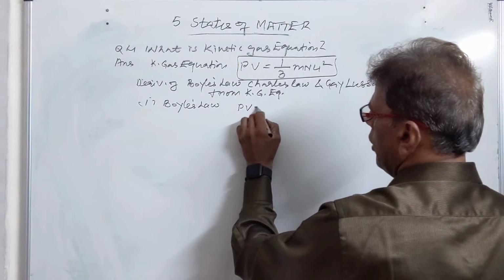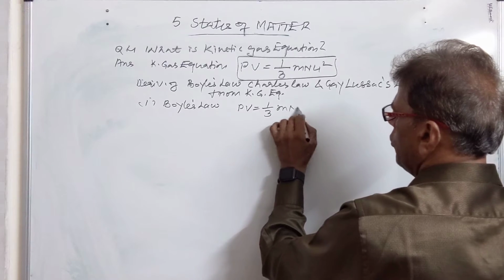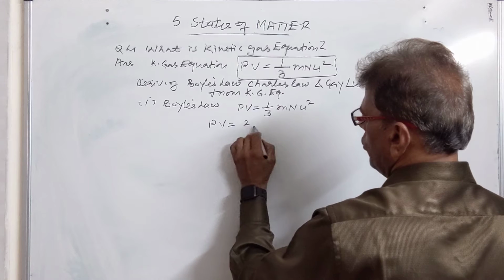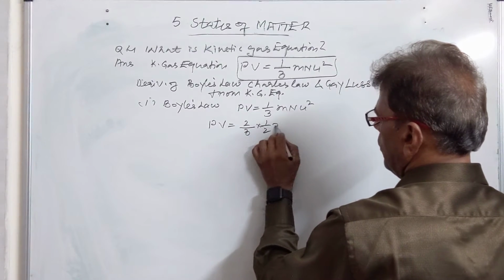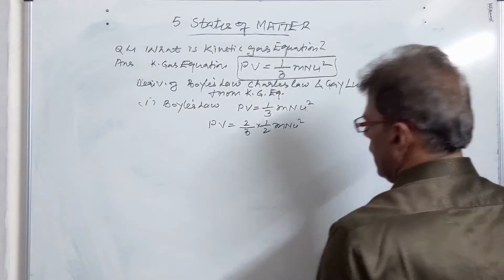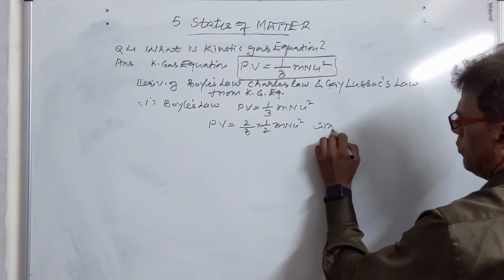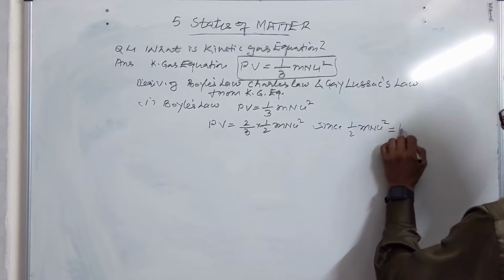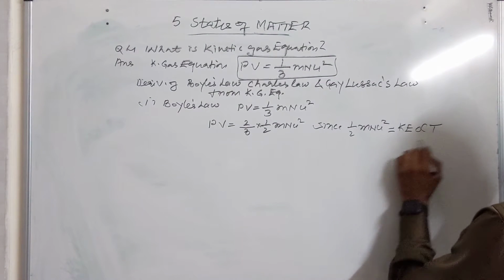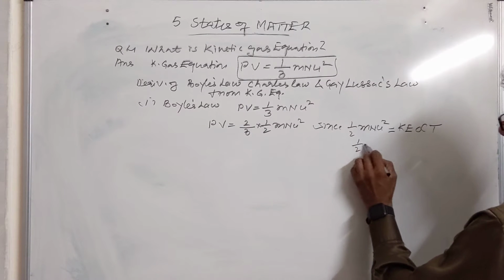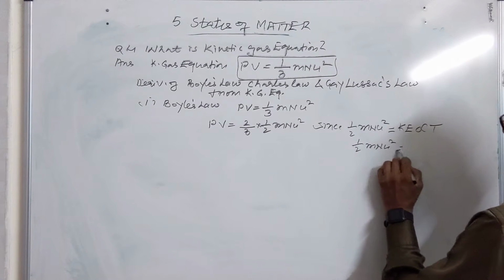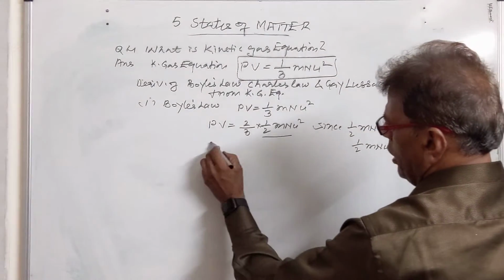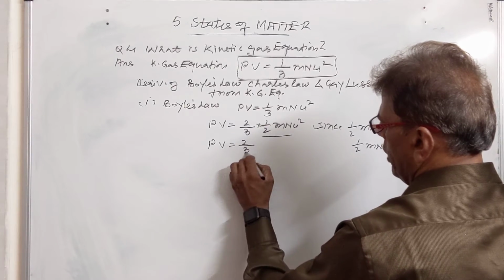We know PV is equal to 1/3 mnu square. Multiplying and dividing the right hand side by 2, since half mnu square is equal to kinetic energy, which is proportional to temperature, half mnu square will be equal to kT. The proportionality sign is removed by the constant k. So here we can write PV is equal to 2 by 3 kT.